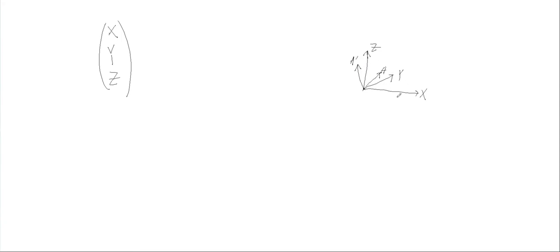Then when we change its x coordinate, we're not only changing how much it sticks out in the x direction, but also in the y and z directions. And so a matrix is what will do that for us.